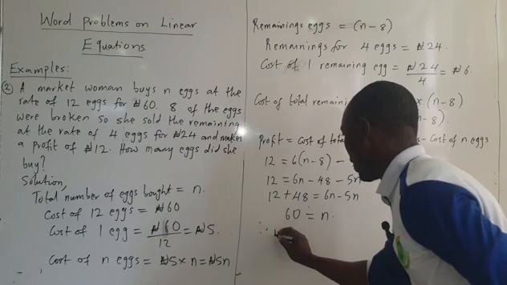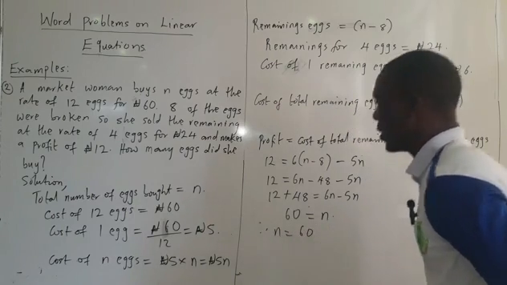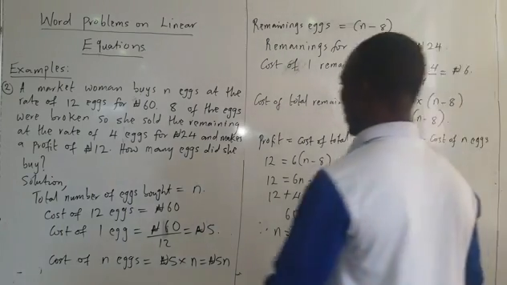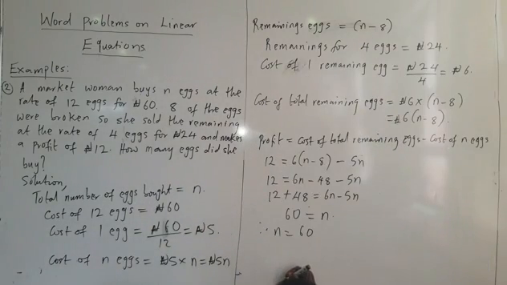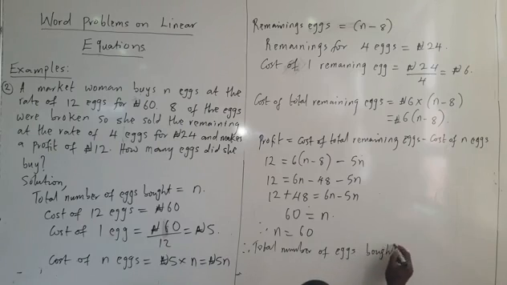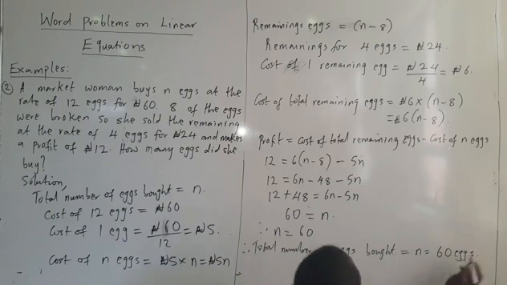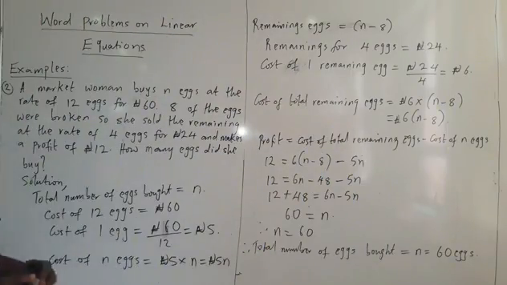Therefore, n equals 60. So you can now see the total number of eggs is equal to n, which is 60 eggs. So that is that on question number 2.